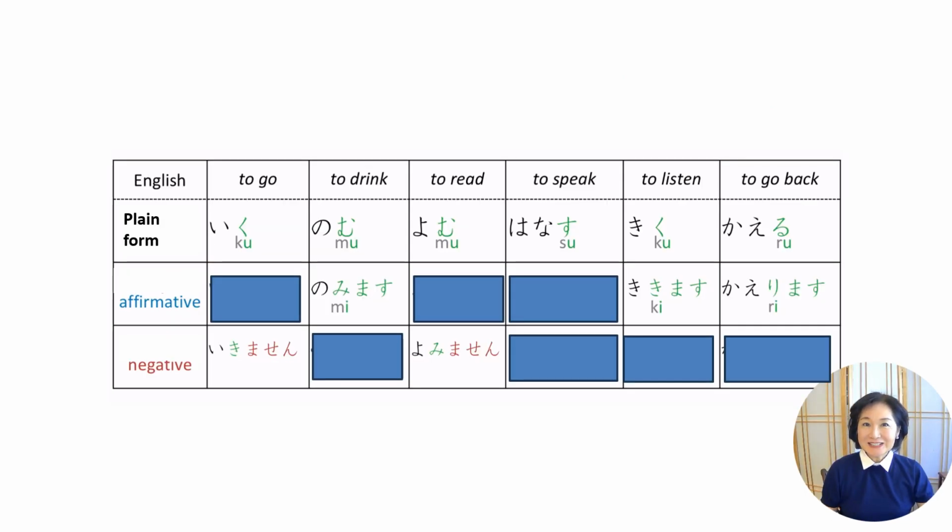それでは練習しましょう。I will say a plain form of each verb, so please tell me affirmative and negative form of each verb. So it goes like this. I say 行く, you say 行きます and 行きません. So let's start from this word.